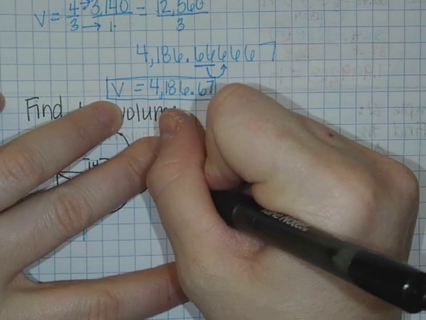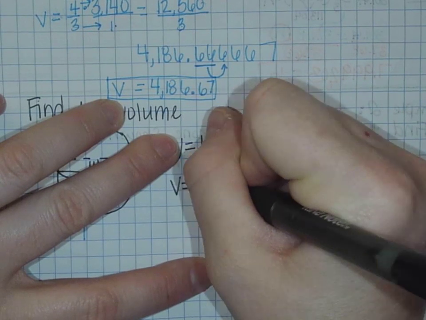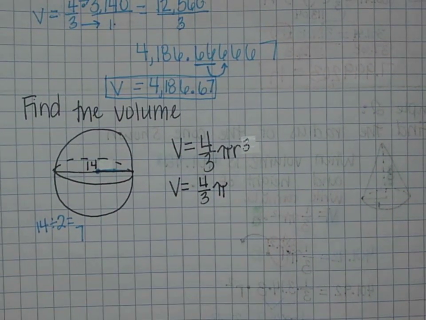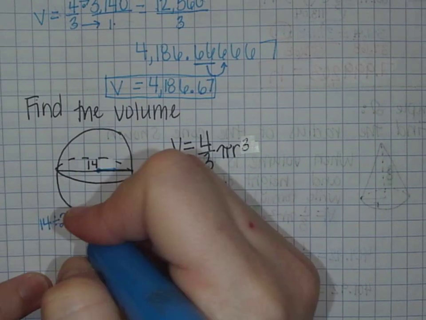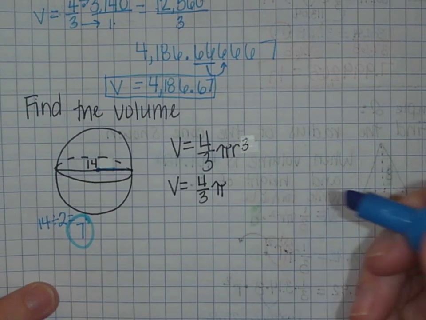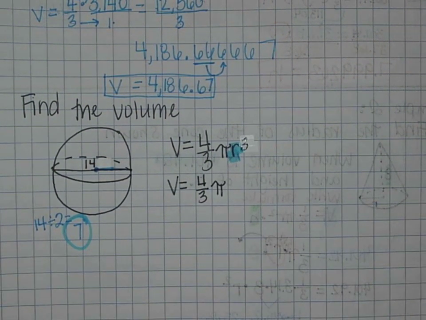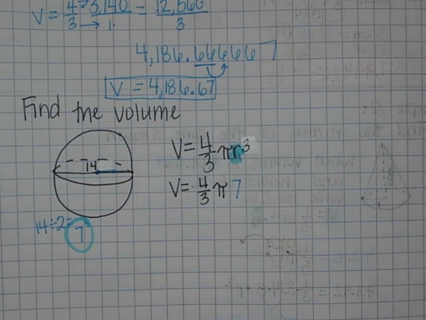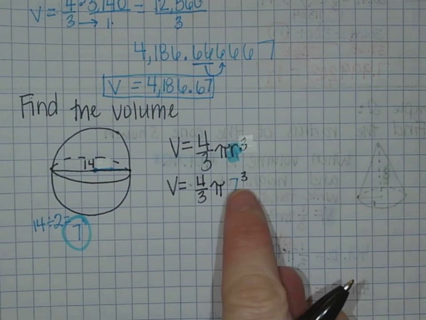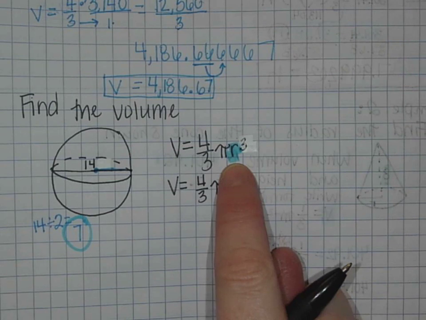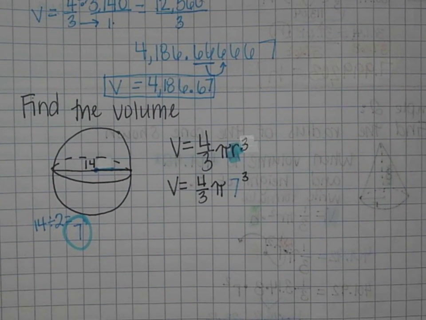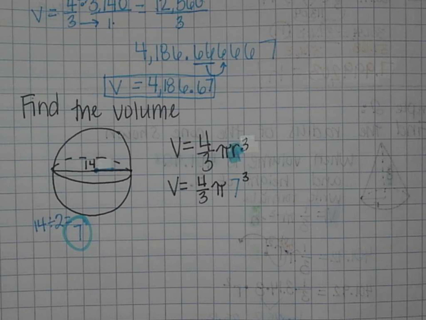So you would do volume equals 4/3 pi, and we want to use the radius, of course I used blue, to plug in for r. So 7 cubed. So make sure you remember that this must be divided to find the radius. That was another place people were messing up.